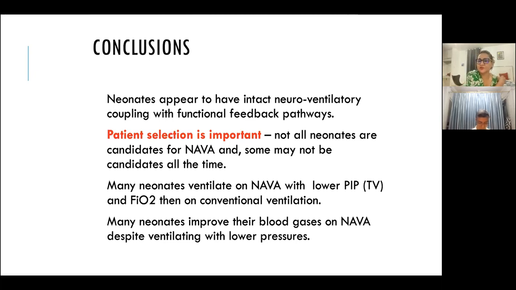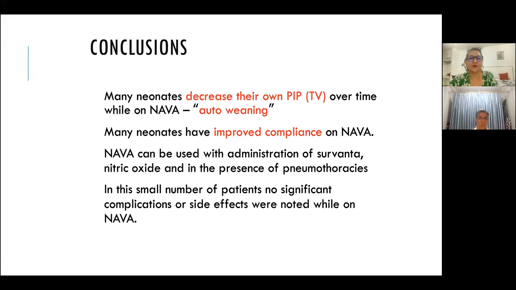Especially we've seen babies with BPD whom you are not able to wean, or babies who are fighting and asynchronous, those babies are really very happy with NAVA. Many neonates ventilate on NAVA with lower PIP and FiO2 than on conventional ventilation, which we saw in those examples where the PIP had come down. And with those lower pressures itself, the blood gases are improving.